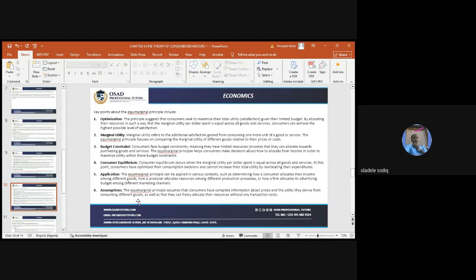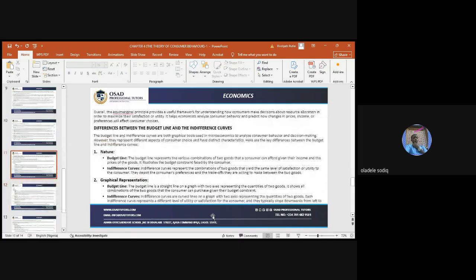Then we also have assumption. The equimarginal principle assumes that consumers have complete information about prices and the utility they derive from consuming different goods, and that they can freely allocate their resources without any transaction cost.